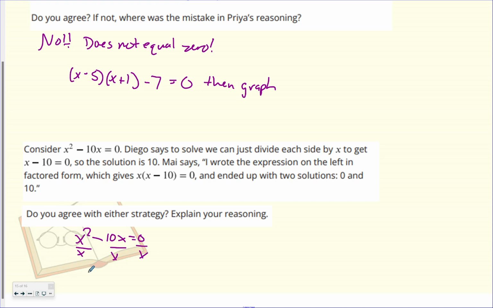Now x squared divided by x is just x. 10x divided by x is just 10, and 0 divided by x is just 0. He gets this equation, and he realizes that there's only one answer. x equals 10.